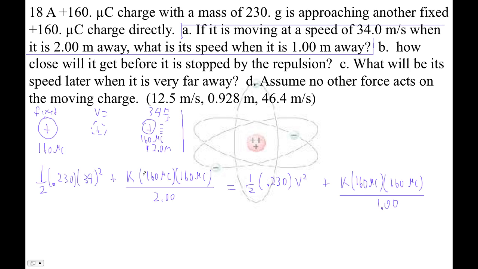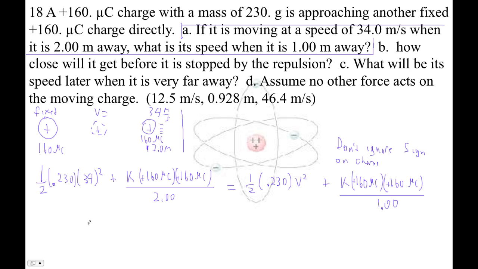Notice that these charges are both positive, so this term is going to be positive. You definitely don't ignore the sign on the charge. These are going to be positive potentials, so it's going to be going slower because the Coulombic force has slowed it down.